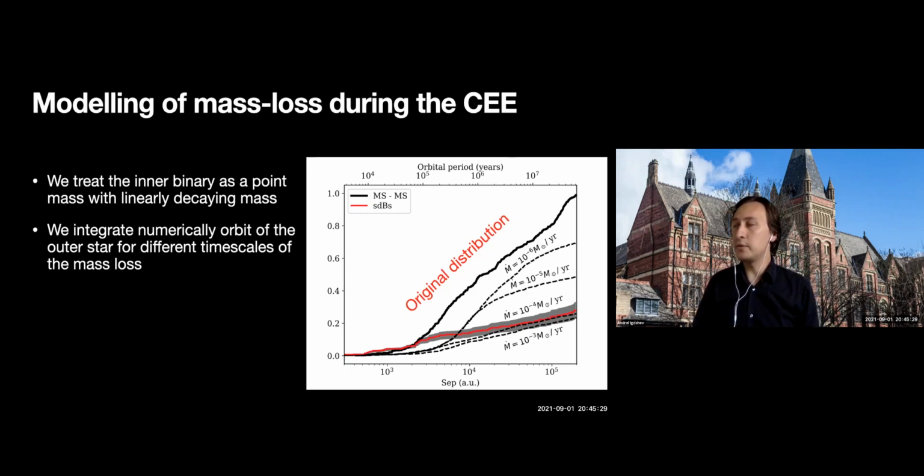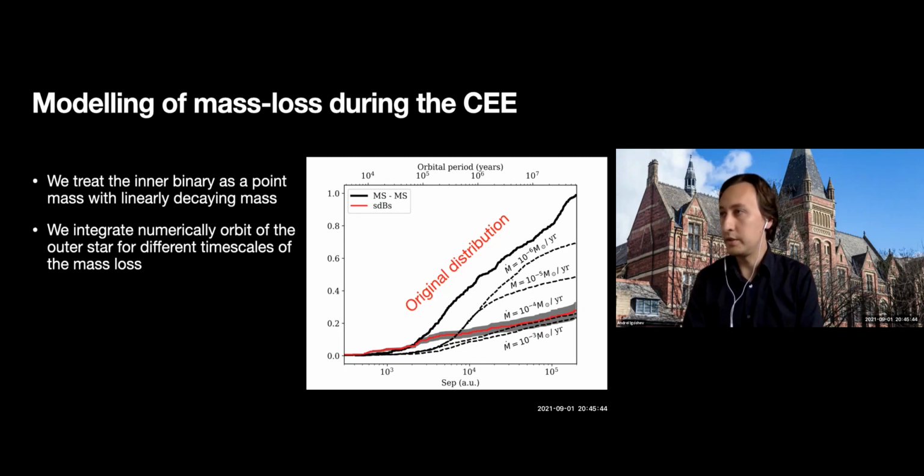And we see that only the fastest mass loss timescale gives us a result which more or less coincides with observations. Observations are shown here with a red curve.